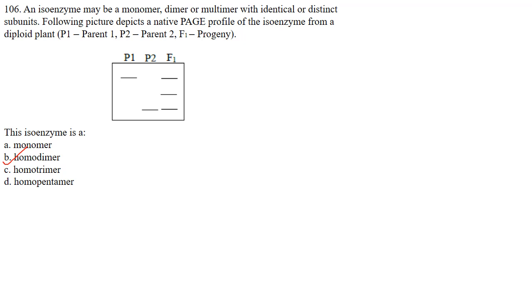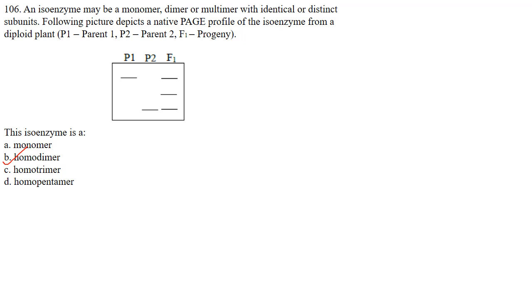Then an isoenzyme may be a monomer or a dimer or a multimer with identical or distinct subunits. The following picture depicts a native PAGE profile of the isoenzyme from a diploid plant. So P1 is parent 1, P2 is parent 2 and F1 is the progeny. This isomer is.